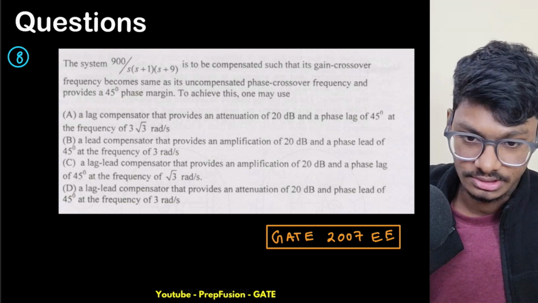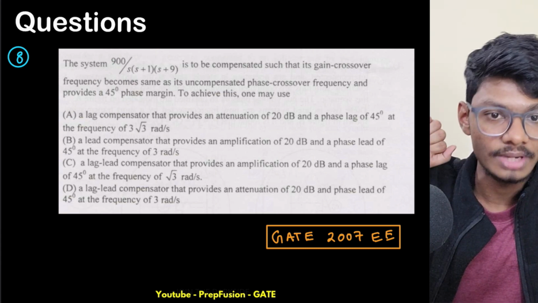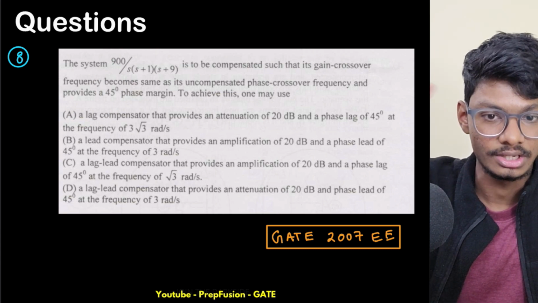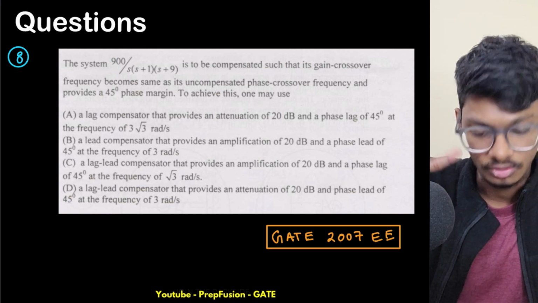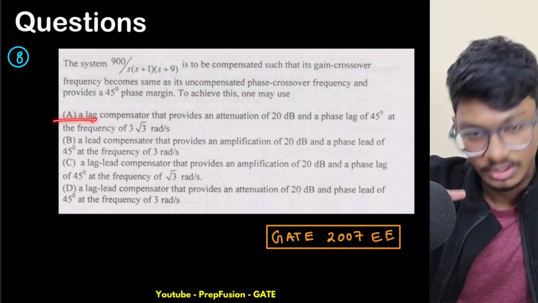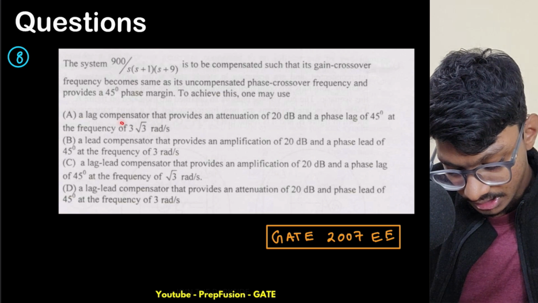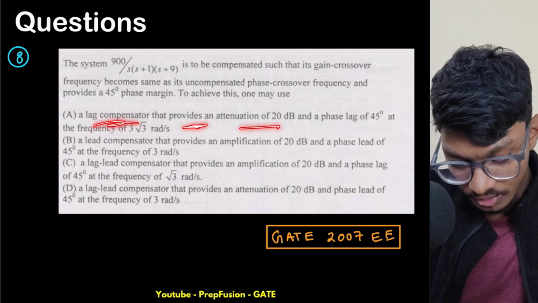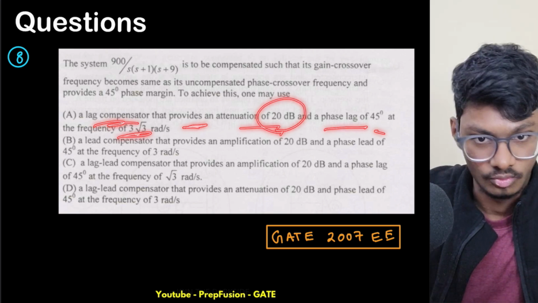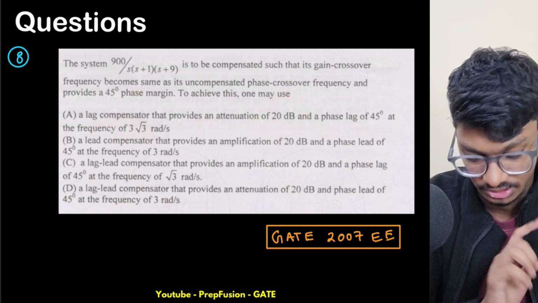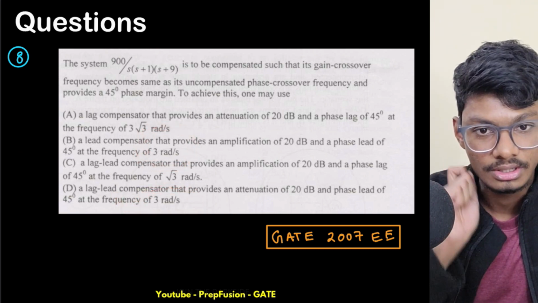Most cases when they talk about the phase margin, they mean the phase margin is increased. The phase margin will only increase with a lead compensator and not with a lag compensator, because a lag compensator will provide additional phase lag, not lead. That is one important factor. So which options have 3 radians per second? Other options I can simply eliminate.